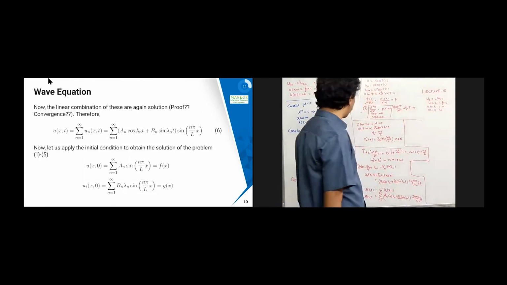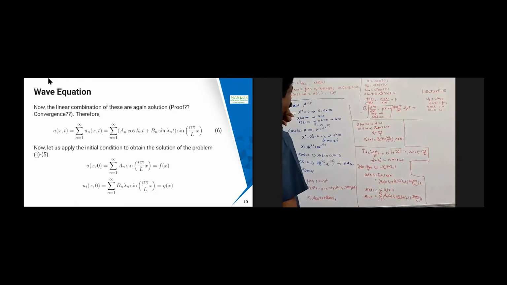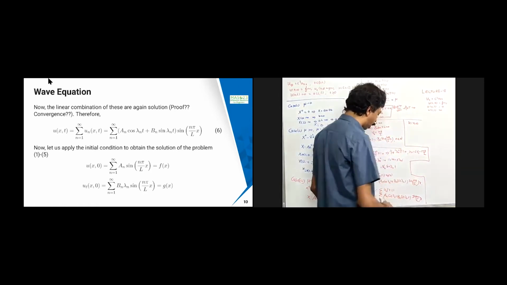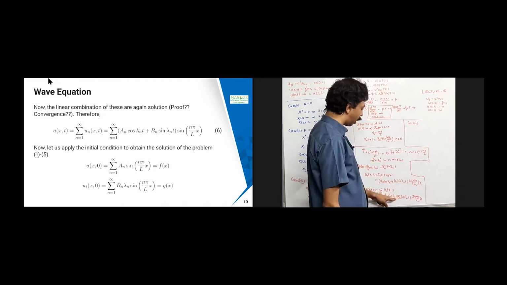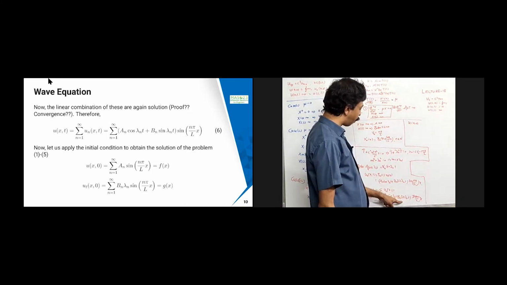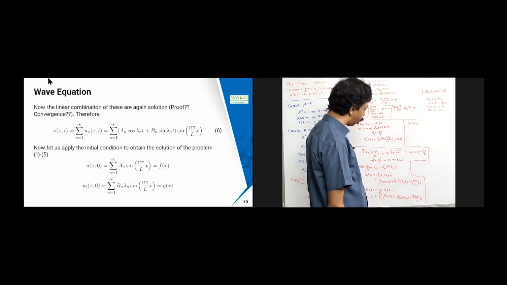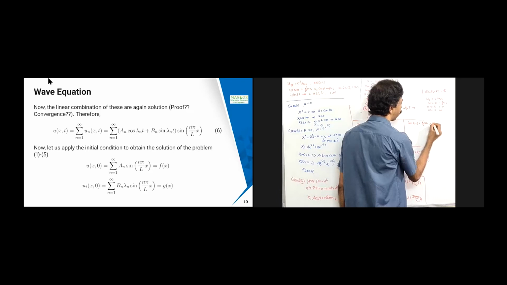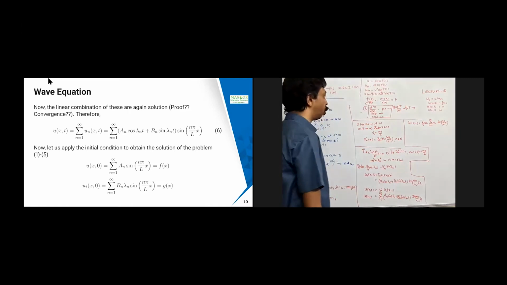Now we are going to use the initial conditions. These two initial conditions I am going to use, and then get the answer. So u of x comma 0, if I substitute it over here, becomes a n cos lambda n t plus b n sin lambda n t, where the b n term cancels and only a n is there. You get u of x comma 0 equal to f of x equal to the summation, n equal to 1 to infinity, of a n sin n pi by L x.